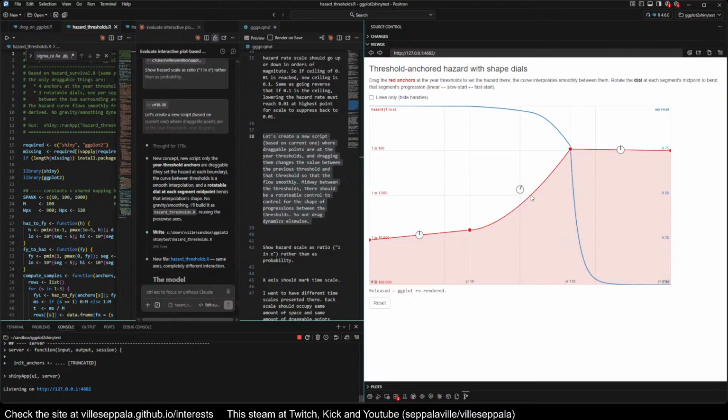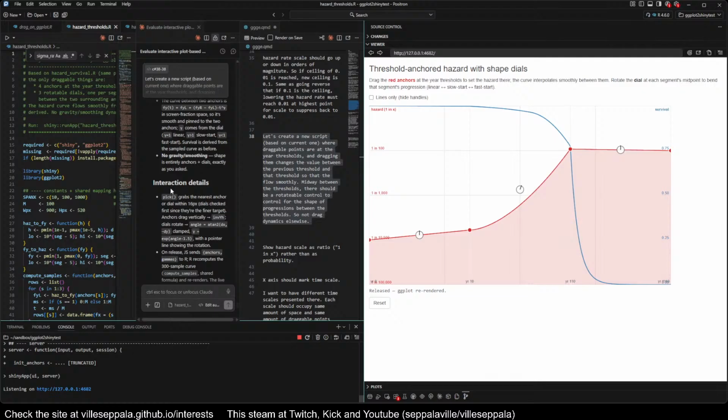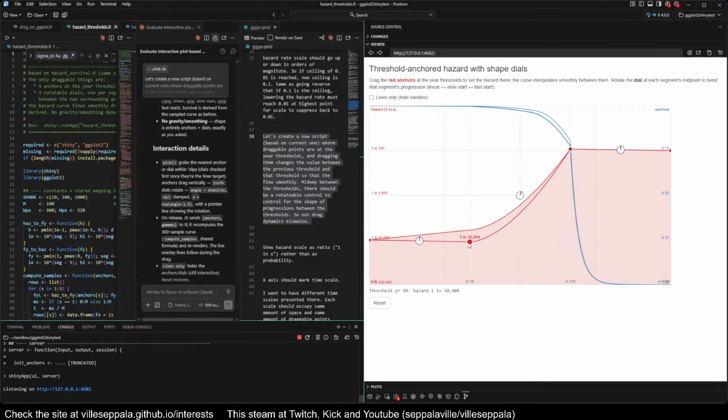There should be a discontinuity here, and also, let's play around a little bit.